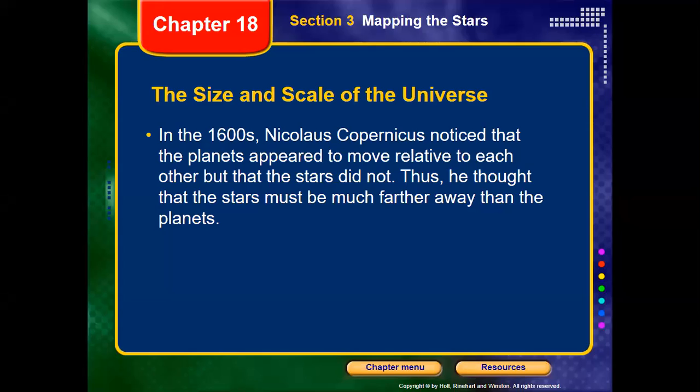So he started to think that the stars are much farther away than the planets, very far from each other, so their movement is harder to observe. That means he believed that the stars already move, but we cannot observe their movement because they are very far apart. It's the same as when you look from a window at moving cars on a street.